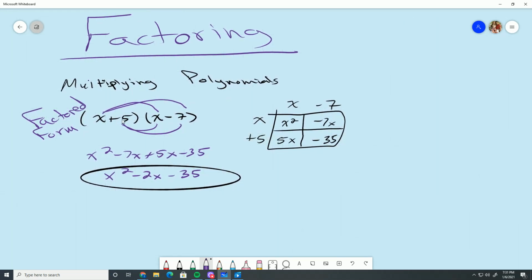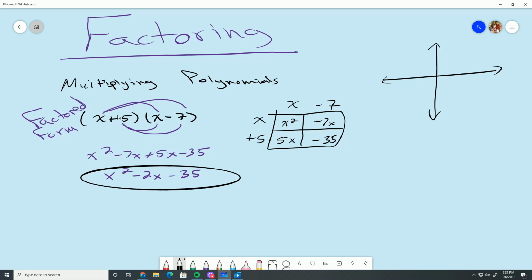The reason you will be asked to break x squared minus 2x minus 35 back apart into this factored form, x plus 5 and x minus 7, is because if you were to graph this, or if I asked you to find the x-intercepts, this is how you do it.